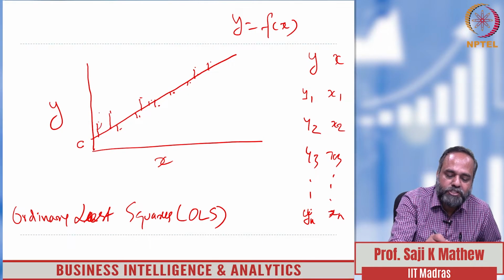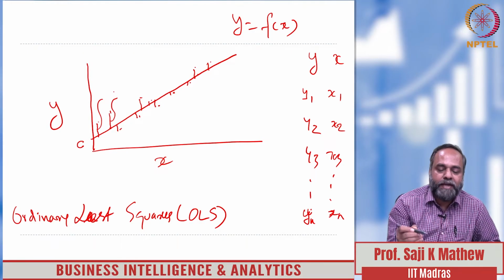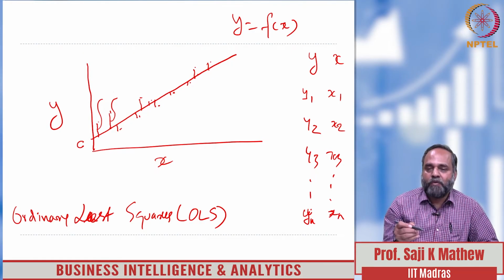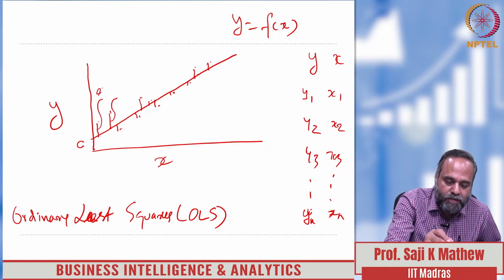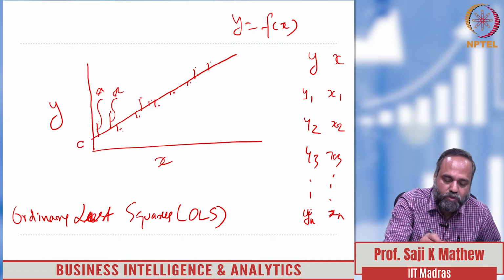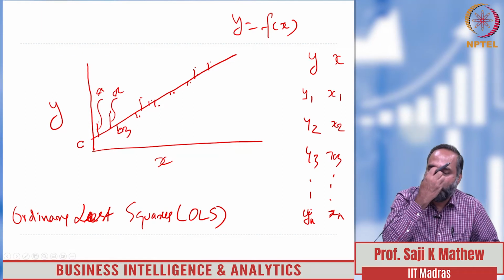Each of these can be called an error. Why is it an error? I determined a linear function to model this data, but the function is not exactly fitting the data. So each of these is an error, E1, E2, E3 and so on.